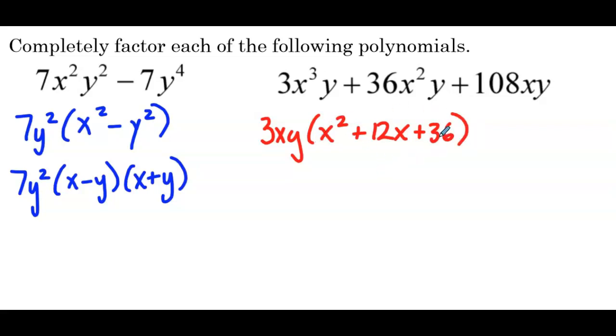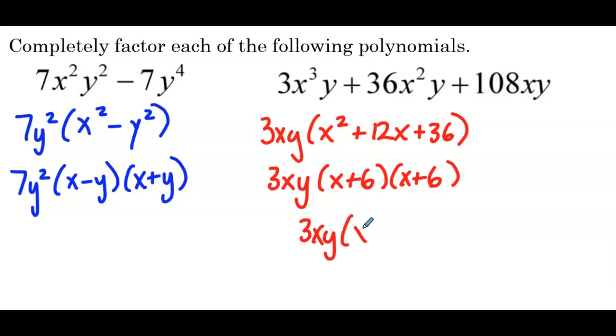So now 1 times 36 is 36. So we need factors of 36 that are going to add to 12. Well, that's going to be 6 and 6. So our two factors here are going to be x plus 6 and x plus 6. If we wanted to condense it, we could write this as 3xy times x plus 6 squared. Either of these factorings is correct.